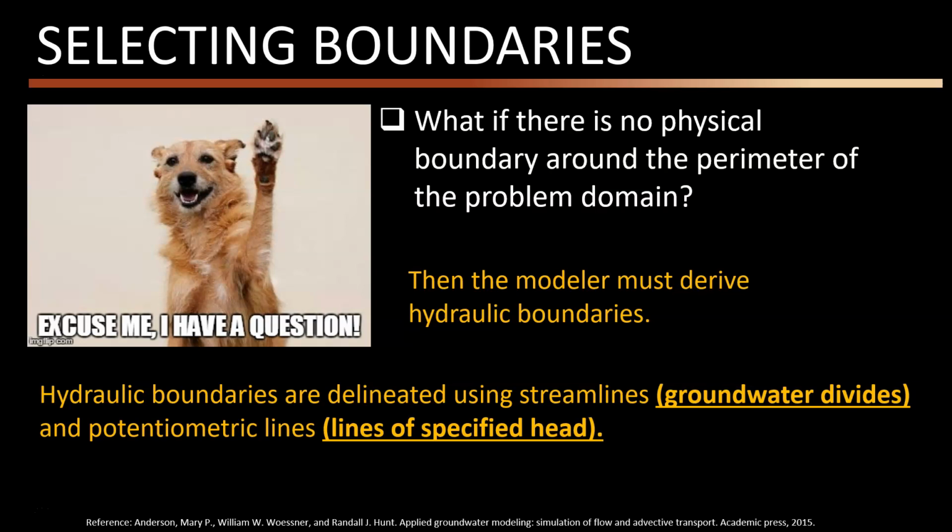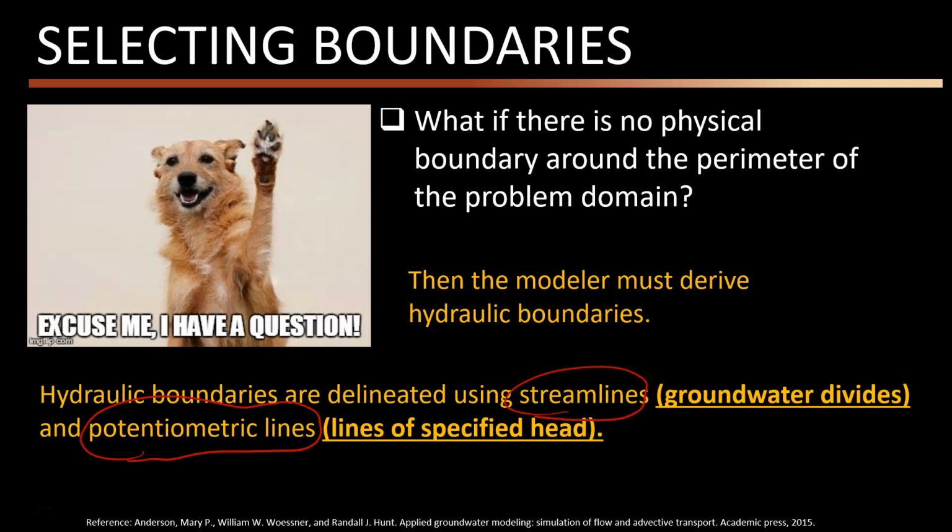Usually, we define the location of the hydraulic boundary conditions based on two types of streamline or potentiometric line information. We already talked about the streamline.